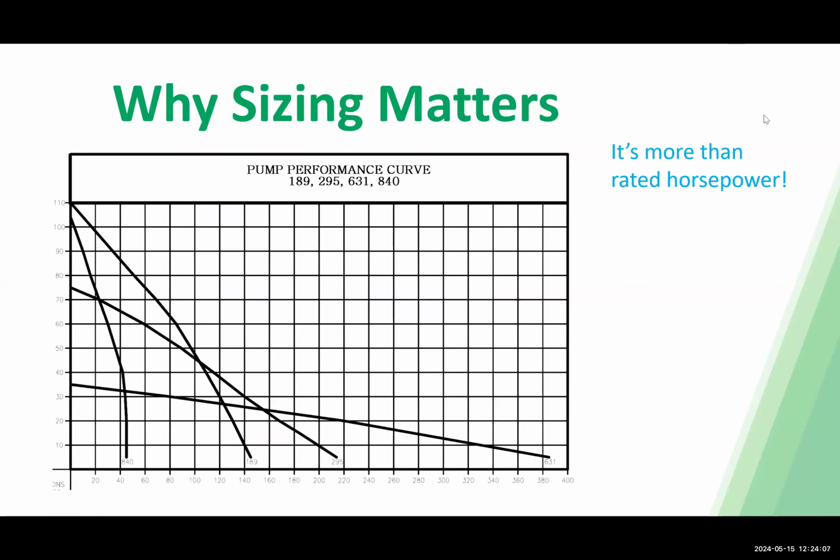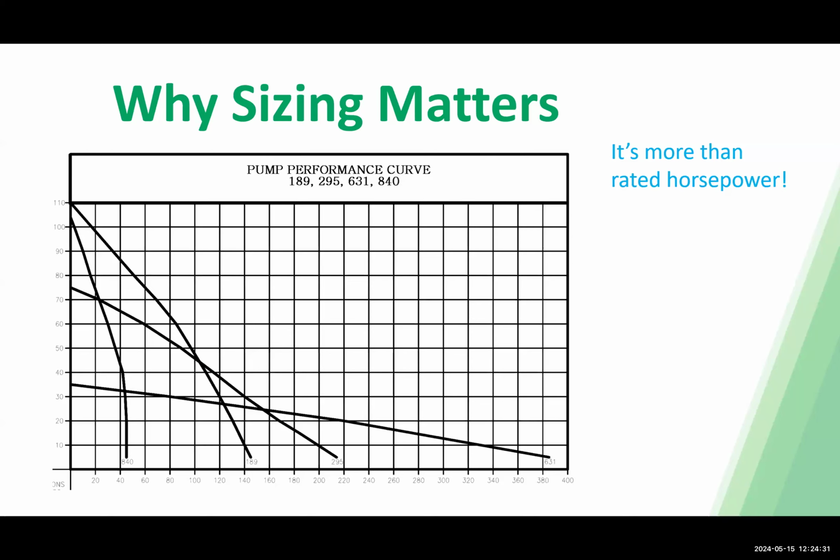All right. So continuing on. So why sizing matters? It's more than just your rated horsepower. So up here, we have 4 different pump curves, for 189, 295, 631, and an 840. You'll see here that the 631 is that very long curve that goes very far to the right and can get very high flow rate.